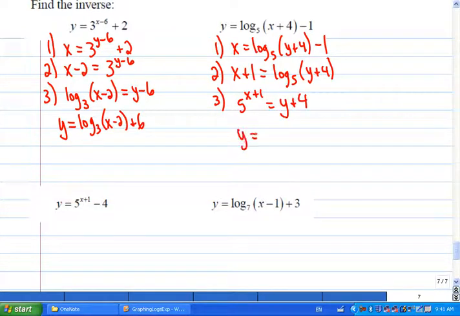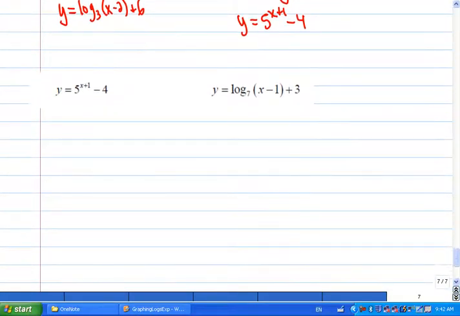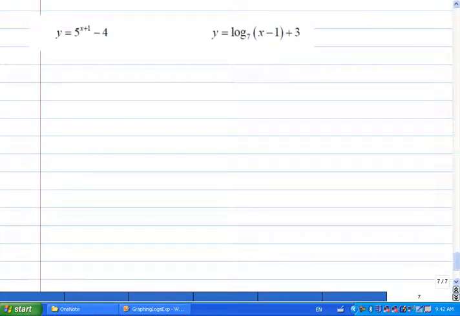So y will be equal to 5 to the x plus 1 minus 4. So if you had no problems doing those two, that's great. You probably want to go ahead and just finish the last two on your own. Otherwise, you may want to take a look over it, pause it, and then try these next two examples again to see if you're getting the hang of this.